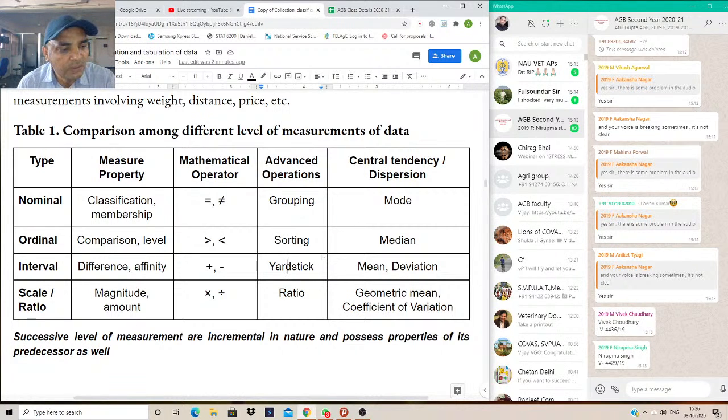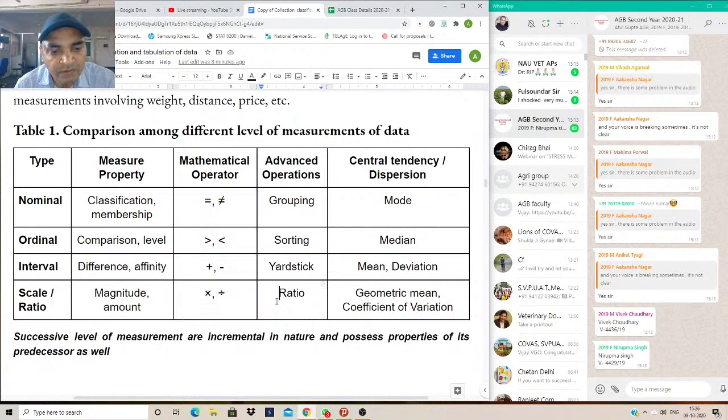And then comes the most applicable type of data, that is the scale data. It tells you about the magnitude and the amount of data available with you, and you can apply all the mathematical operations. You can apply equal to, unequal, greater, less than, plus, minus, multiplication, and division.